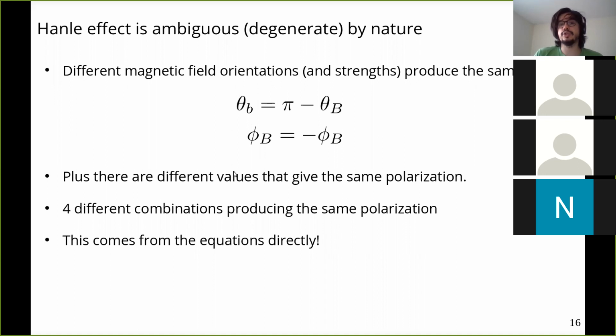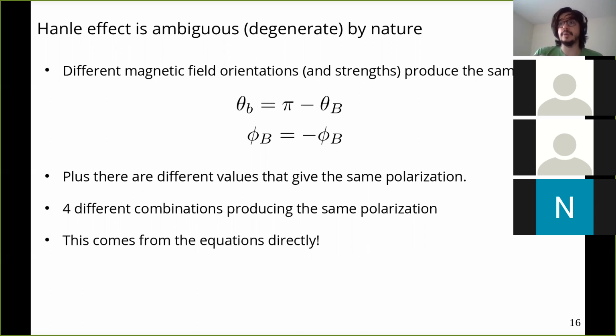And there are also two additional degenerate variants which also take into account the strength of the magnetic field. So in principle, for the Hanle effect, there are 4 different combinations of the angles and the strengths of the magnetic field that produce exactly the same polarization, not only in Q and U, but also in Stokes V.